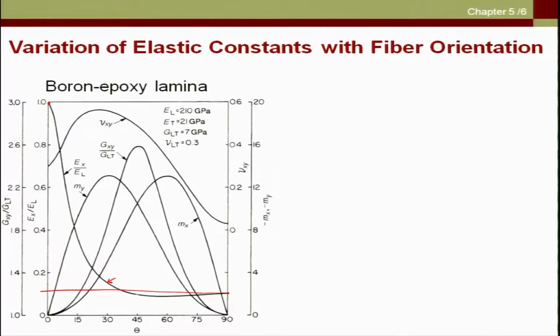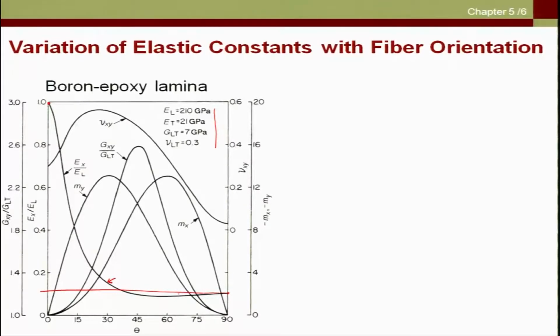Okay. So, for boron epoxy, because these material properties El, Et, GLT, nu LT are like this, the value of Ex actually becomes less than that of Et at some value of theta which lies between 45 and 60 degrees. This is an important thing.